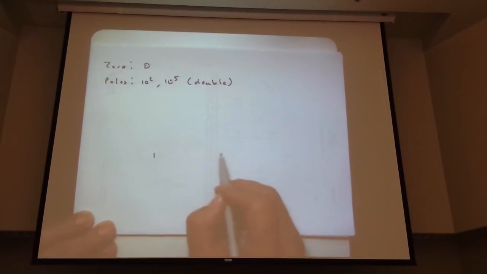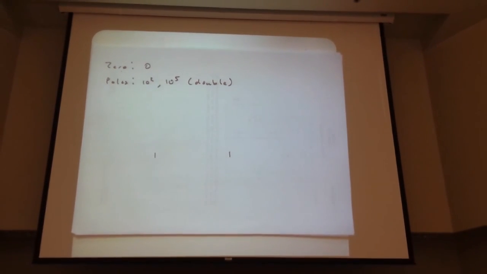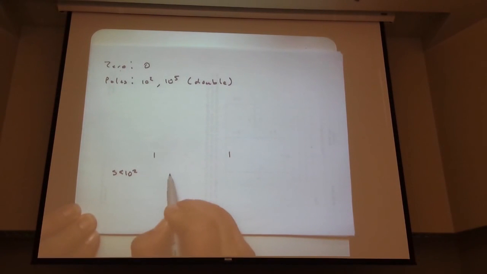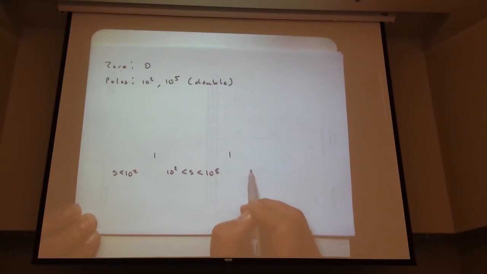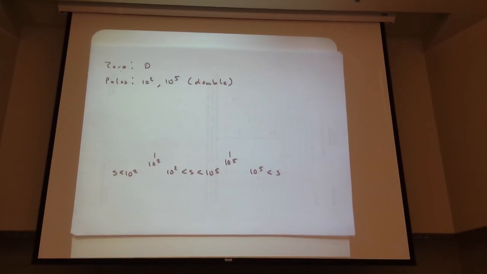If I kind of cheat a little bit, just do it on paper. What's my slope? S less than 10 to the 2, 10 to the 2 less than S less than 10 to the 5, and 10 to the 5 less than S. What's my slope for S less than 10 to the 2?